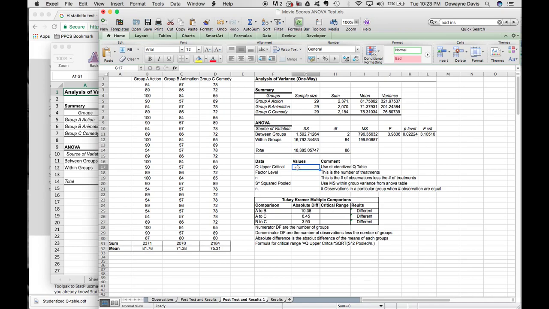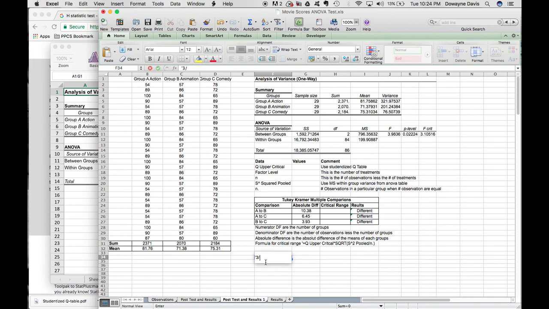To find my Q value, I'll need the numerator for my degrees of freedom and the denominator for my degrees of freedom. The numerator degree of freedom is the number of groups I have. In this case, I have 3 groups, 1, 2, 3. And my denominator degree of freedom is the total observations minus my number of groups.